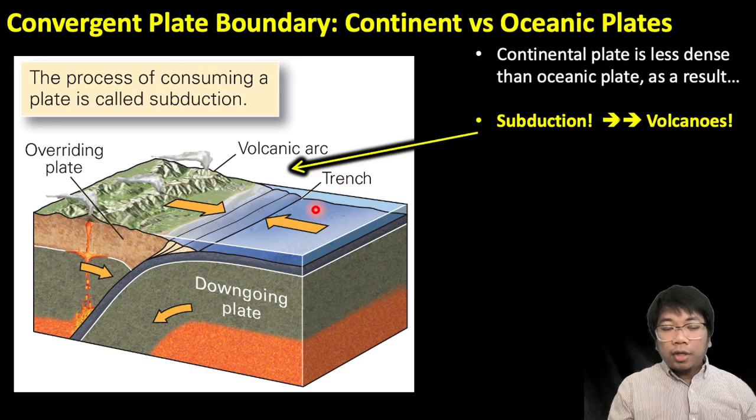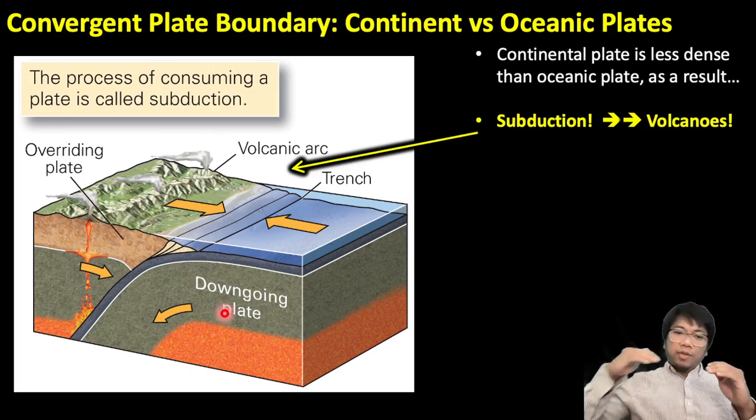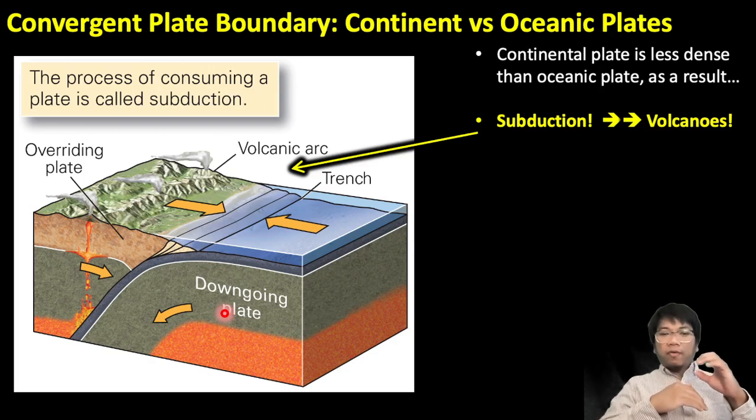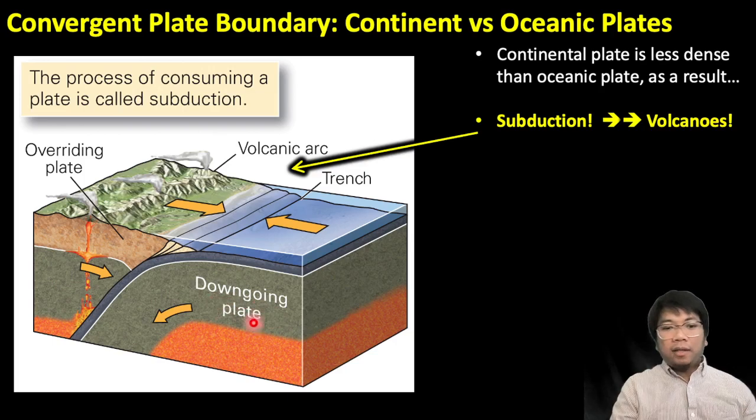This process would produce one of the most prominent features on Earth, which is called the subduction zone. Okay, a subduction zone occurs when the oceanic plate goes underneath the overriding continental plate. Now, the reason why the oceanic plate goes underneath the continental plate is because of their composition.